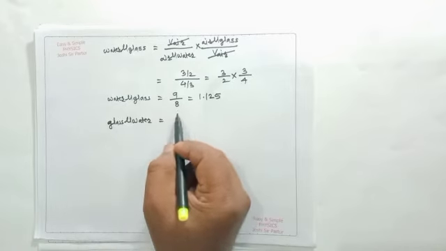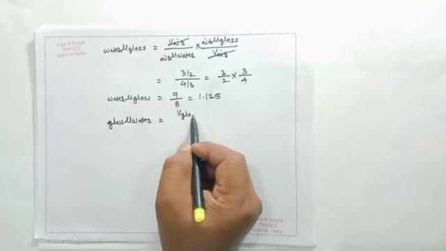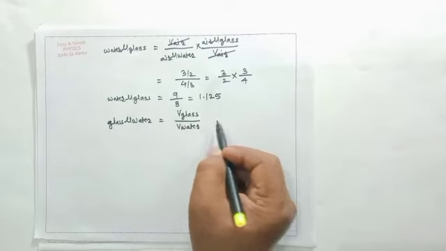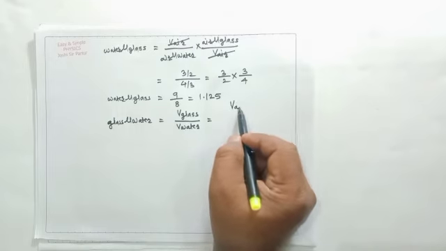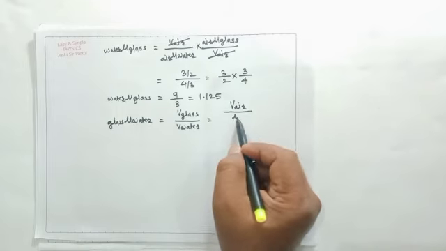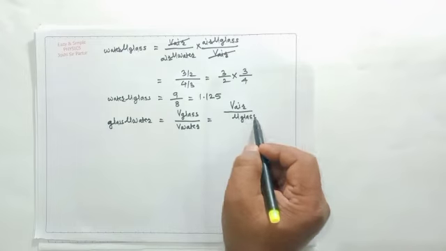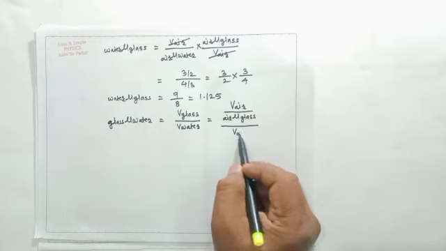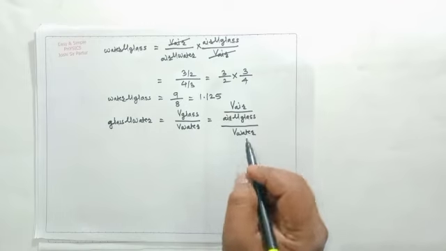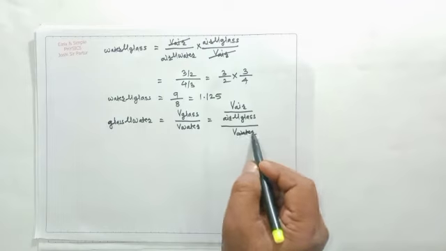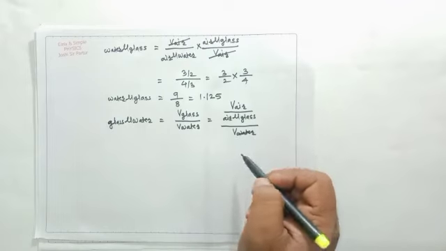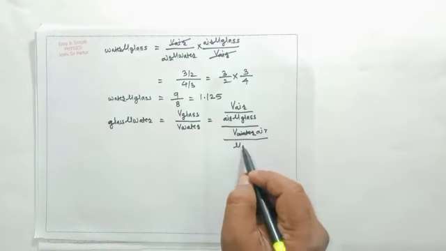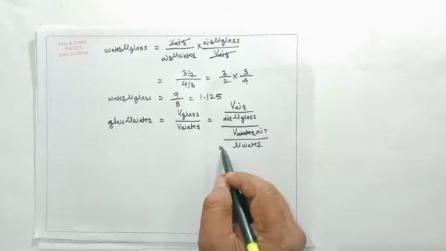Another question: the refractive index of water with respect to glass. It will be the velocity of light in glass divided by the velocity of light in water, which is equal to the velocity of light in air divided by mu for glass with respect to air, divided by the velocity of light in air divided by mu of water with respect to air.